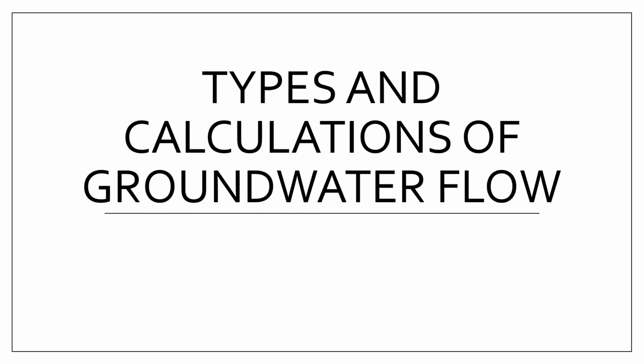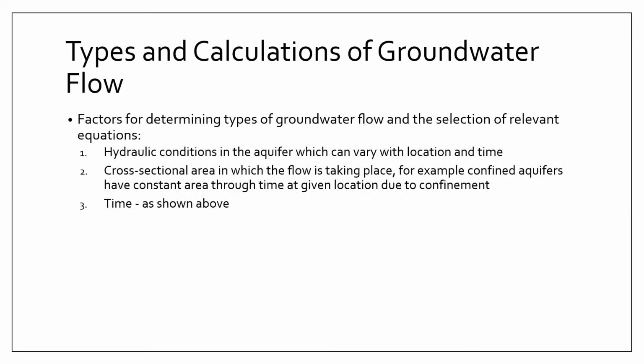Now let's discuss the second part, which is all about the types and calculations of groundwater flow. These are the factors which can help us determine the type of groundwater flow, and as a consequence can help us select the relevant governing equations that we should be using.